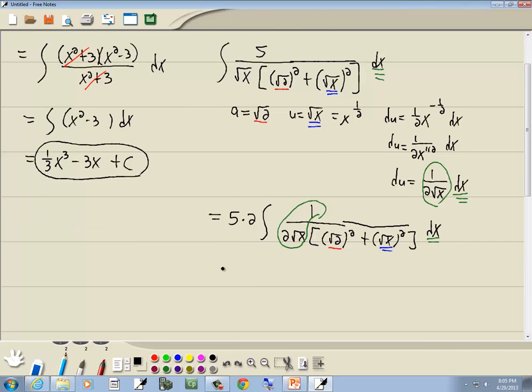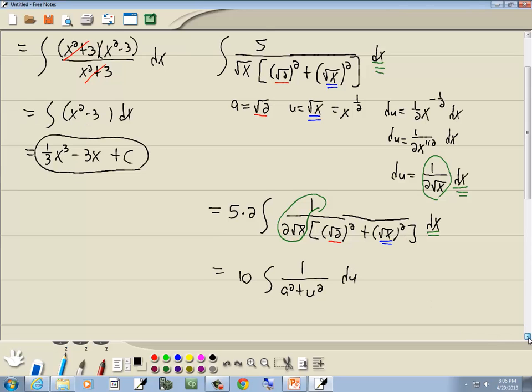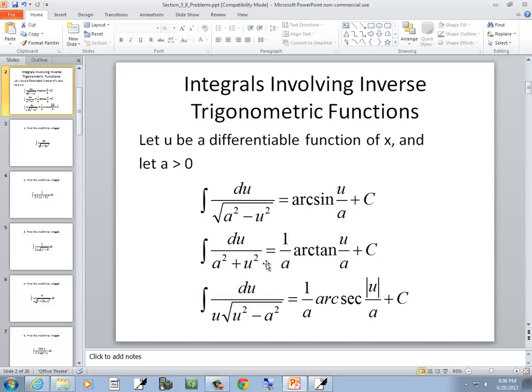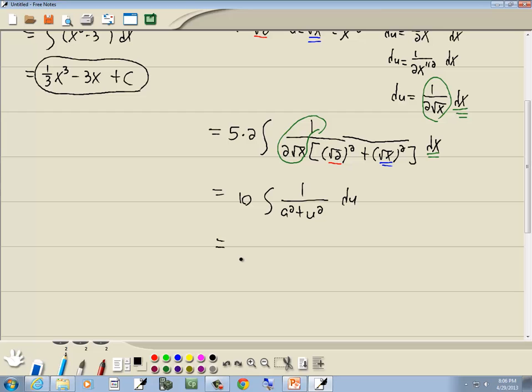So what we have then, 5 times 2 is 10, 1 over a squared plus u squared, and 1 over 2 square root of x dx all gets replaced by du. Which works out well because it matches our formula exactly, the second one. So 10 carries down times 1 over a arctangent u over a plus c.